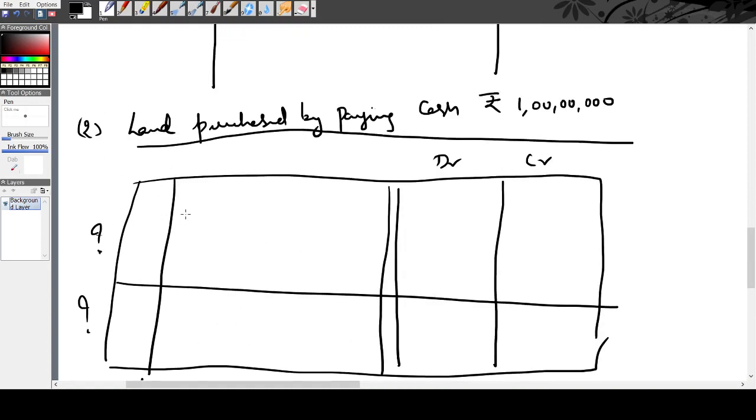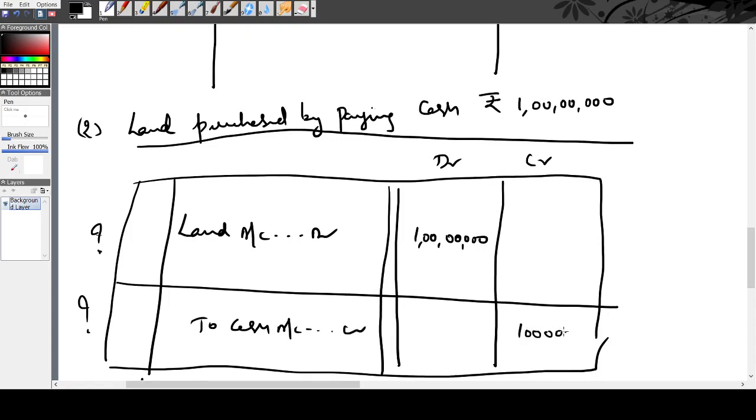I'll write land account debit rupees 1 crore, to cash account credit 1 crore, and we'll write a small narration here: being land purchased for cash. This is how I record the journal entry.